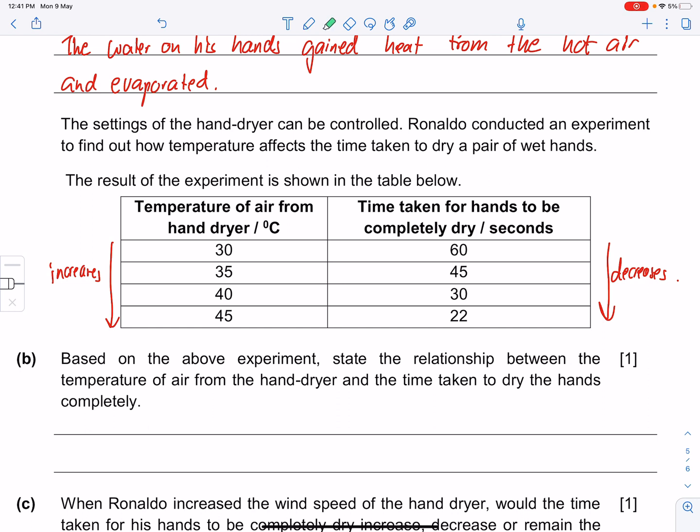State the relationship between the temperature of air and the time taken to dry.